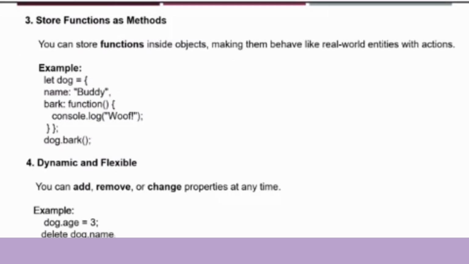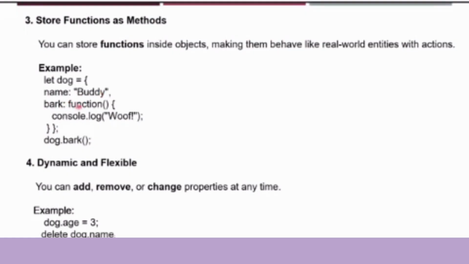The third reason to use objects is that you can store functions inside them. When you do this, these functions are called methods. So think about real world things like a dog. A dog doesn't have just properties like a name, but it can also do things like bark. In JavaScript, you can create a dog object like this. So in this code, here is a dog named Bubby.